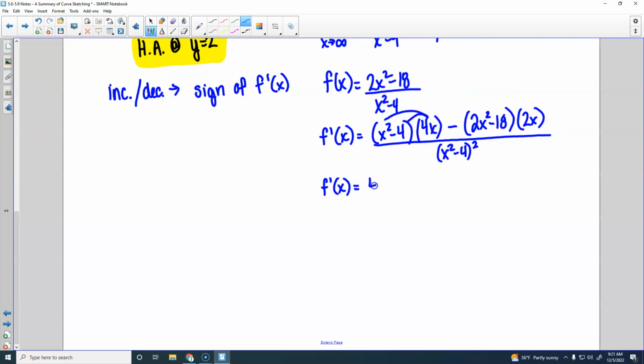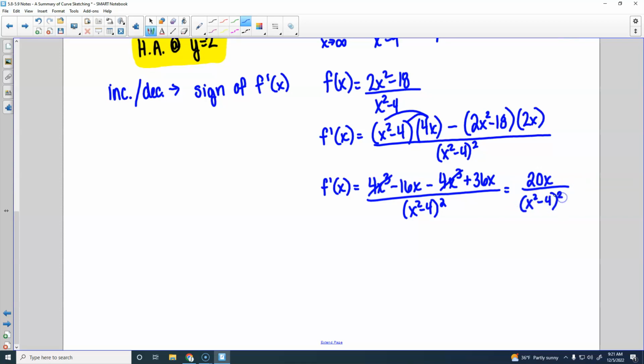We can simplify here. 4x to the third minus 16x, and then we'll get minus 4x to the third plus 36x, over x squared minus 4 squared. And the 4x cubes will cancel. I'll get 20x over x squared minus 4 squared, I think.